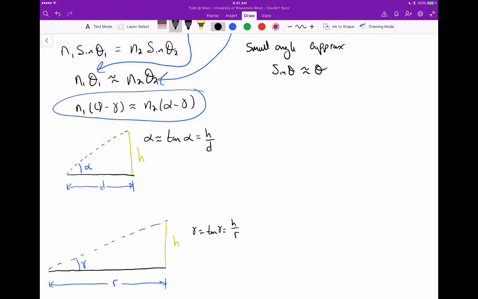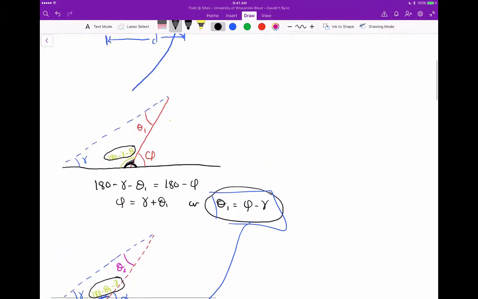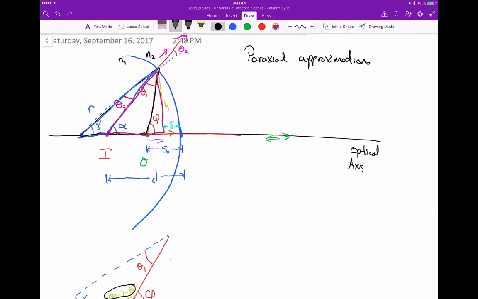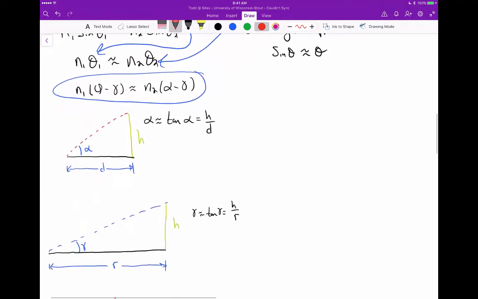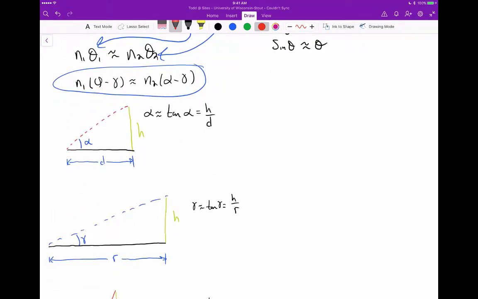I'm going to do the same thing with gamma. Let's go take a look at where this diagram came from. So this is gamma, and that's going to be this triangle right here. And we do the same sort of thing where gamma is approximately equal to the tangent of gamma, and the tangent of gamma is h over the radius.